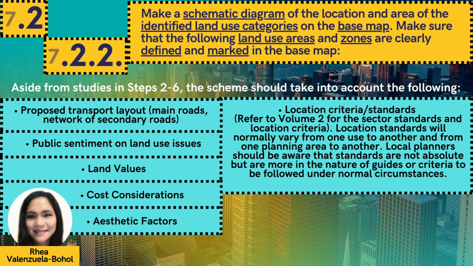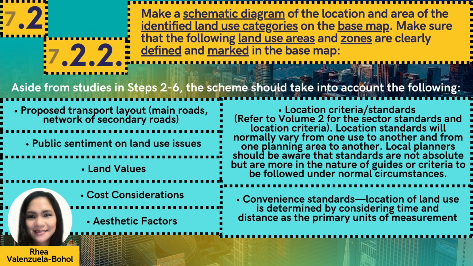Refer to Volume 2 for the sector standards and location criteria. Location standards will normally vary from one use to another and from one planning area to another. Local planners should be aware that the standards are not absolute but are more in the nature of guides or criteria to be followed under normal circumstances.